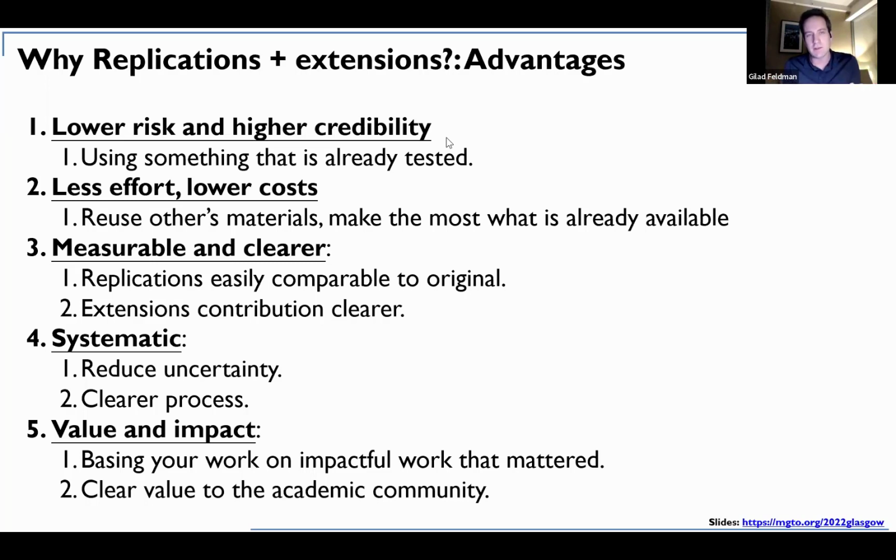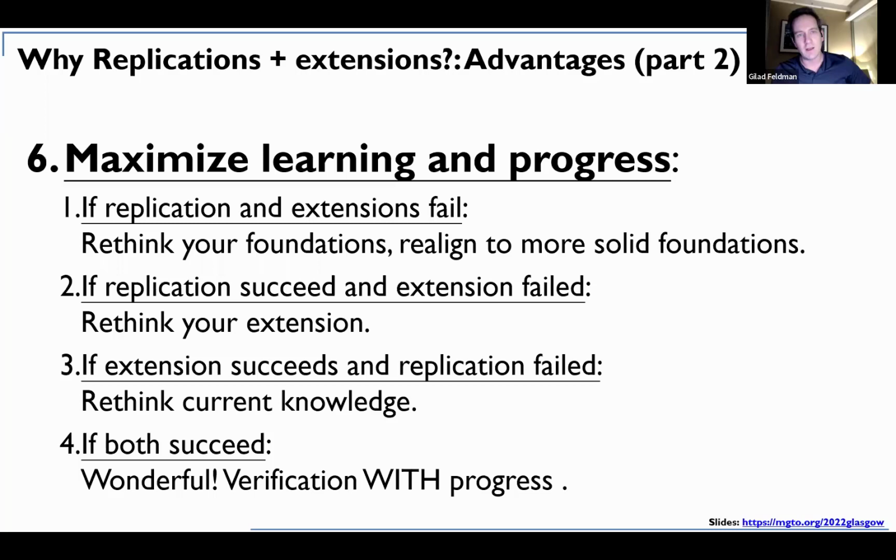Plus, there's a lot more value in this because these are impactful classics. And then if you find something that doesn't work, that helps the community. If you validate them and verify them, that also helps. So win-win, regardless of whether something fails or replicates well. And then there's a lot of learning to do from this.